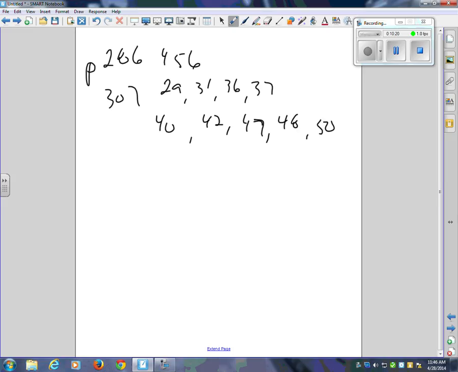Let me just check here. Most of them are formula ones. I'll tell you which ones are the graphs. 6 is a graph.